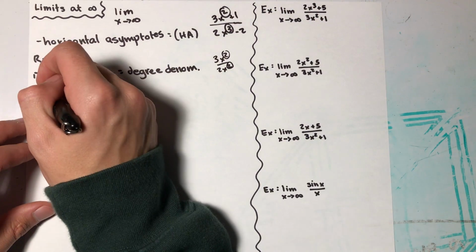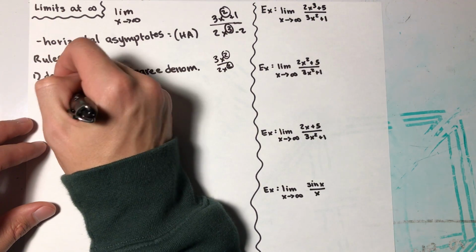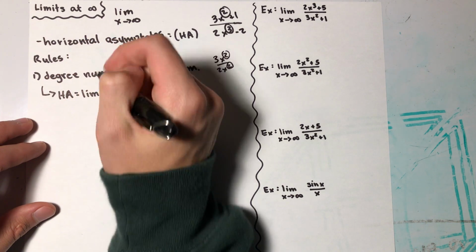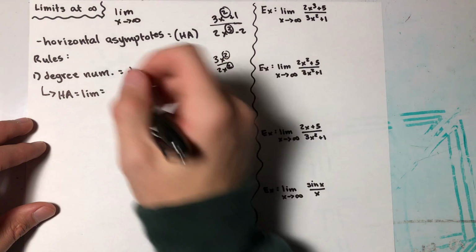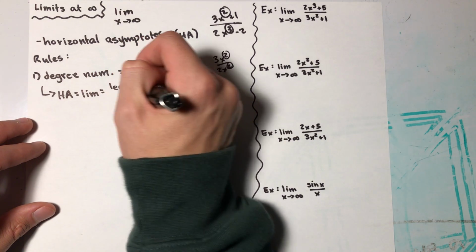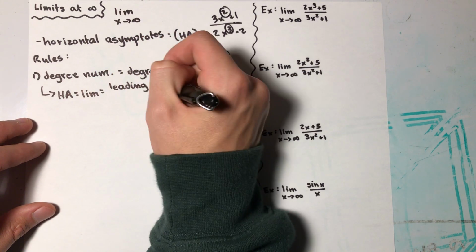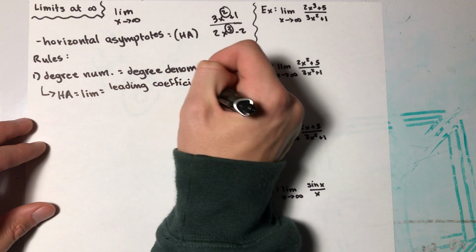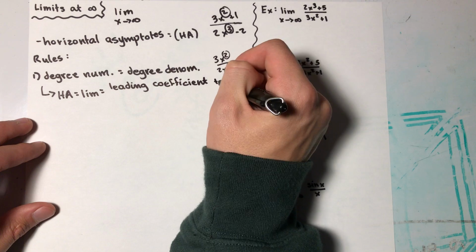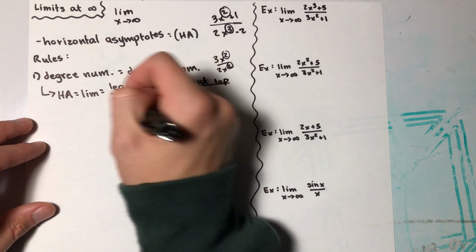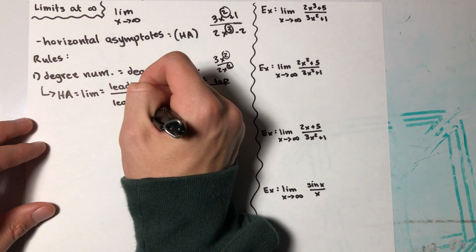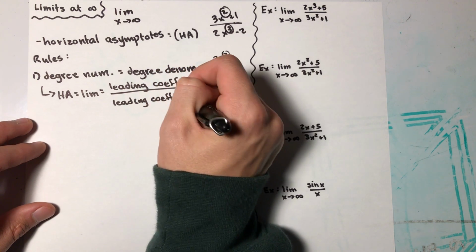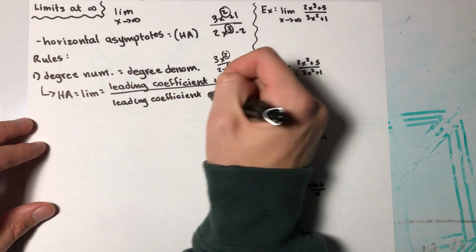And what happens is the horizontal asymptote, which is equal to the limit, is equal to the leading coefficient of the top over the leading coefficient of the bottom.